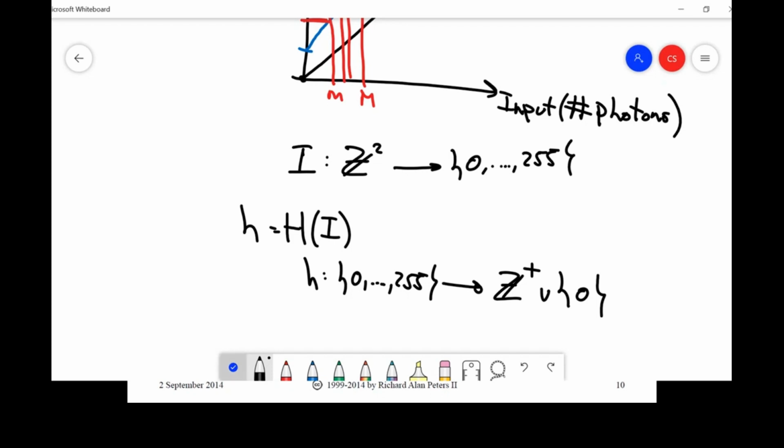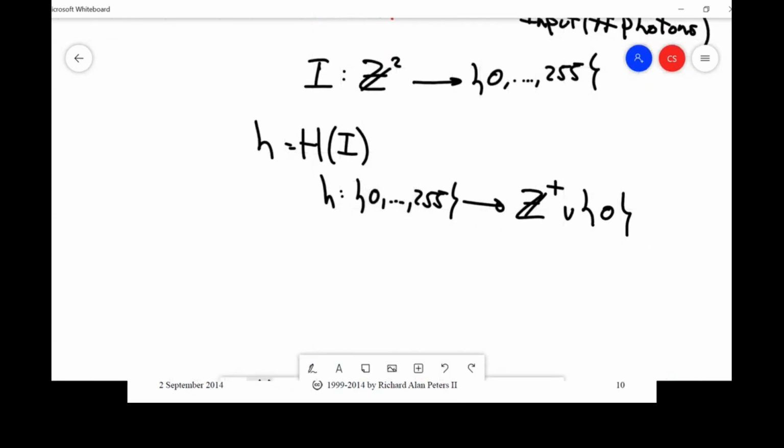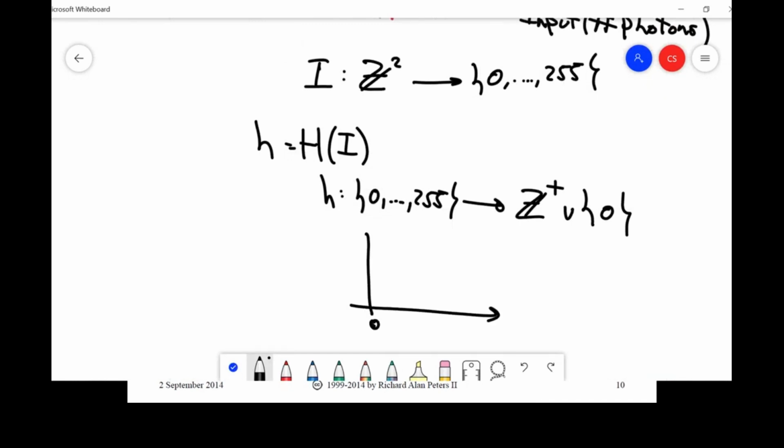The histogram goes from 0 to 255, and then you have some counts, and counts are positive integers or 0. Okay, so that is a histogram.